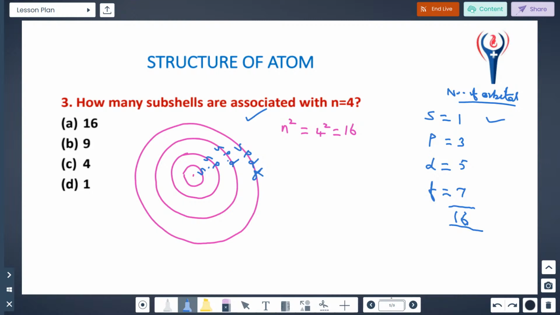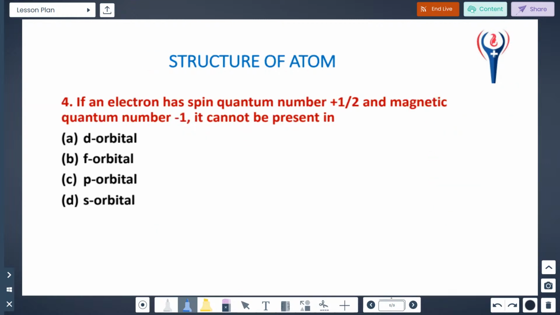Next one. If an electron has spin quantum number plus 1 by 2 and magnetic quantum number minus 1, it cannot be present in which orbital? That's the question. See, it cannot be m equal to 0. m equal to 0 means the s orbital, isn't it?